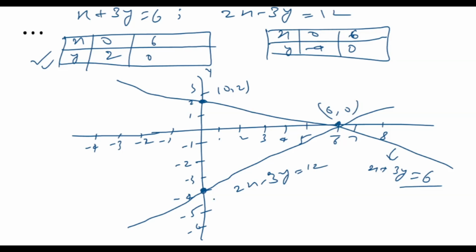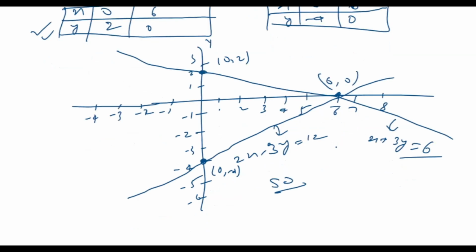So 0 minus 4. This is the line for this and this is the line for this question, and the solution will be the common point of both lines, that is 6 0.